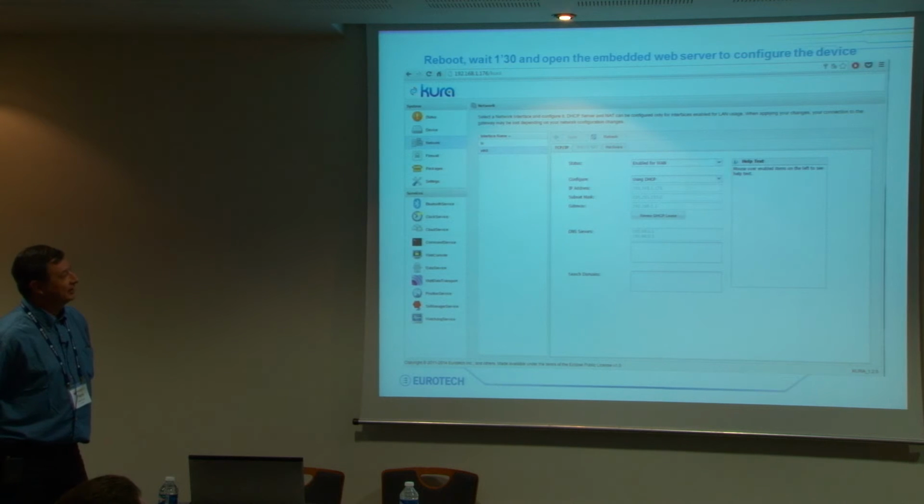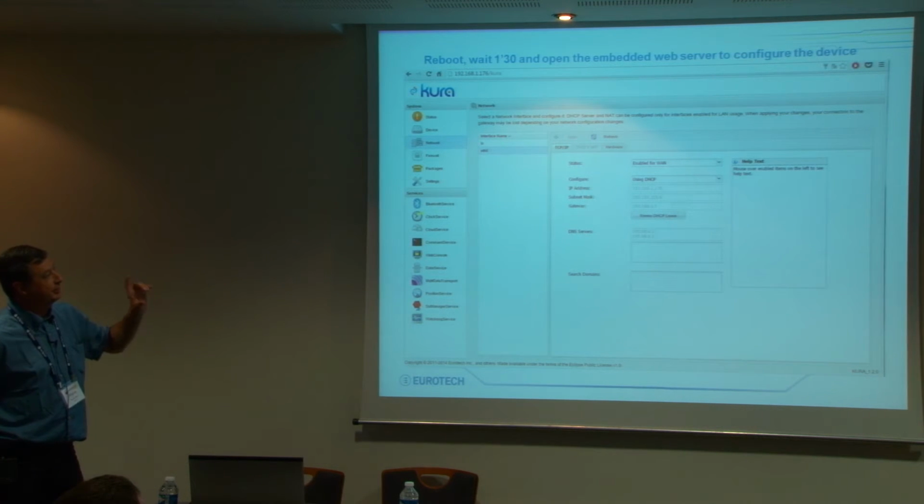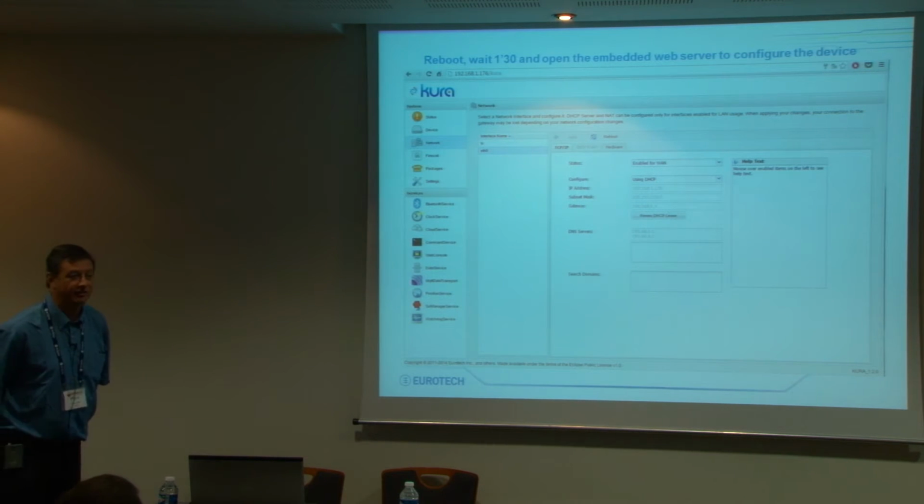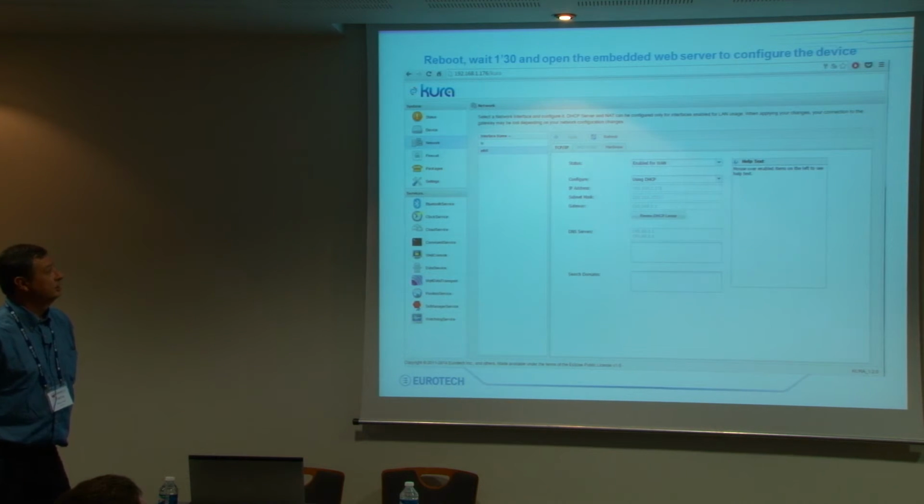You can check that Kura is running because you are able to connect to the embedded web server in Kura. You just have to enter the IP address of your device and the Kura web page will open. It's really comparable to a router configuration, or to your Livebox for the French. You have admin as user and password, and after that you access the menu.